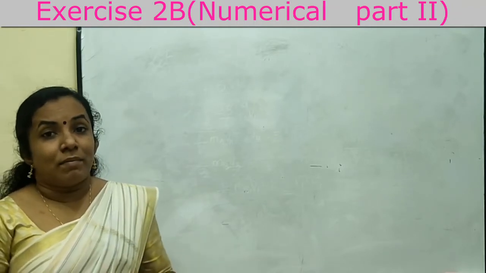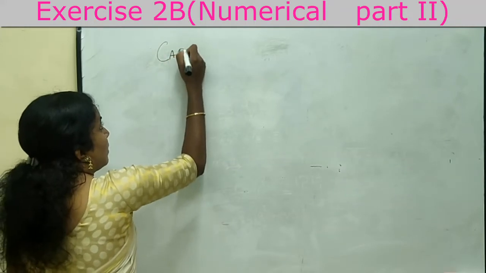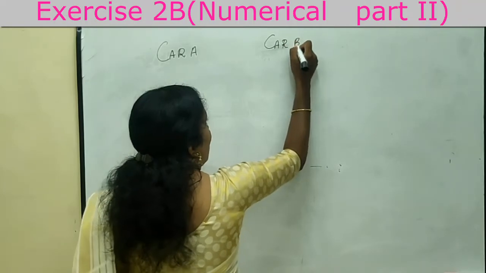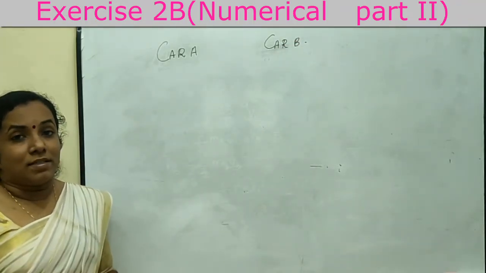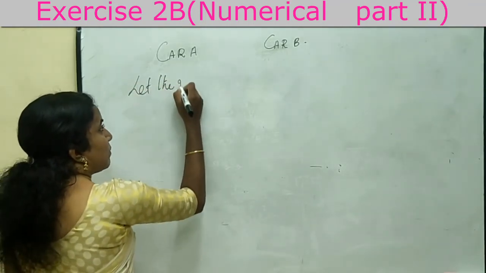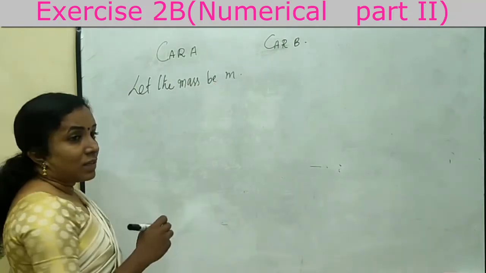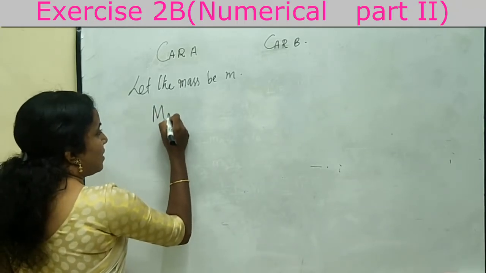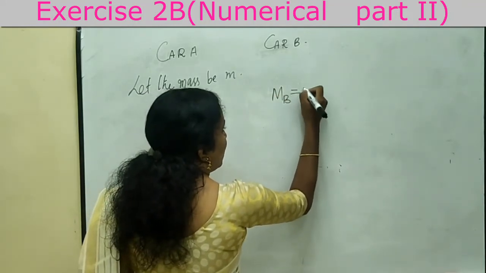We can name them as A and B. Car A and car B are two cars of same mass. Let the mass be m. Since both are having same mass, mass of the car A is equal to m and mass of the car B also equal to m.